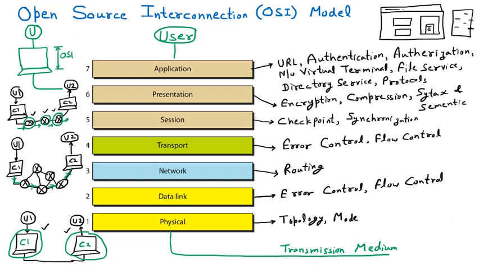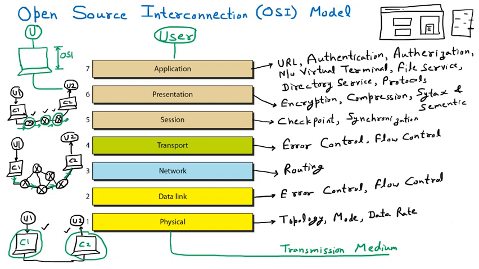Simplex means I can only send the data but I cannot receive it. Half duplex means both can send the data but one at a time. If I am speaking, you cannot speak. If you are speaking, I cannot speak. Then there is full duplex, which means both can communicate at the same time, just like today's mobile phone, both are talking at the same time. Also at which data rate data is sent is taken care of by the physical layer.